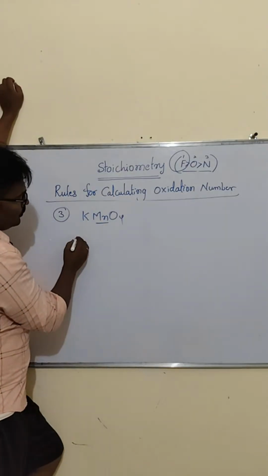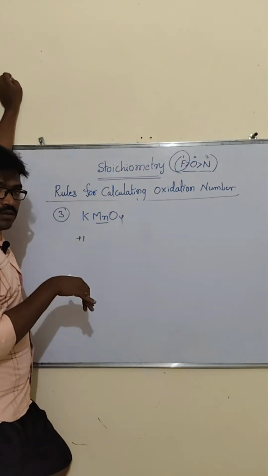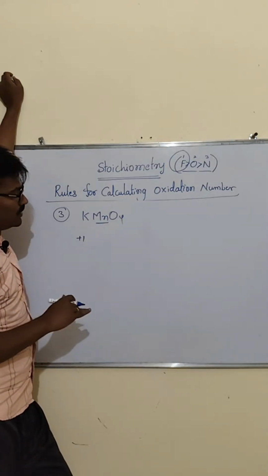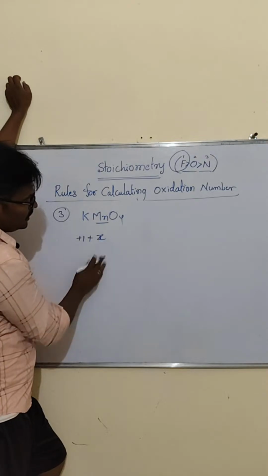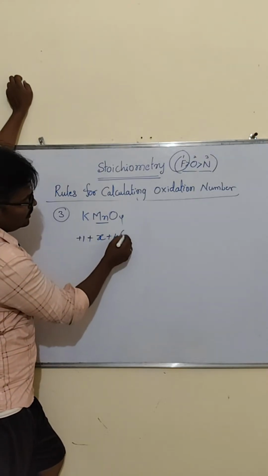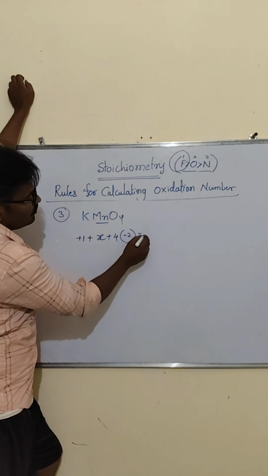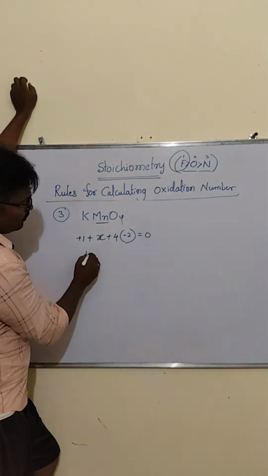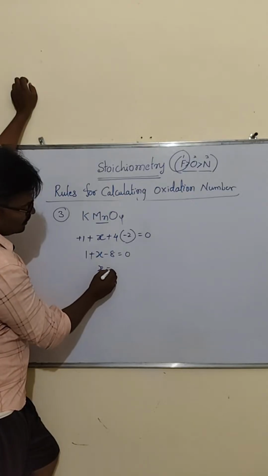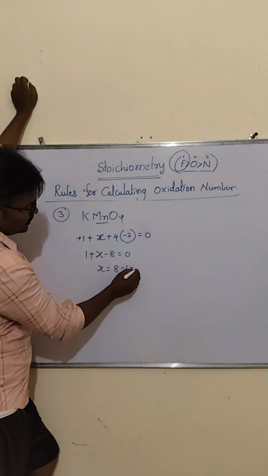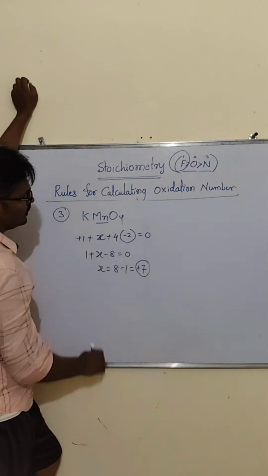Then potassium we are taking as +1 according to the rules. All the first group elements are +1, plus manganese you have to take as X, plus 4 into each oxygen -2, then equals to 0, right? Then 1 plus X minus 8 equals to 0, then X equals to 8 minus 1 equals to +7 oxidation state, right?